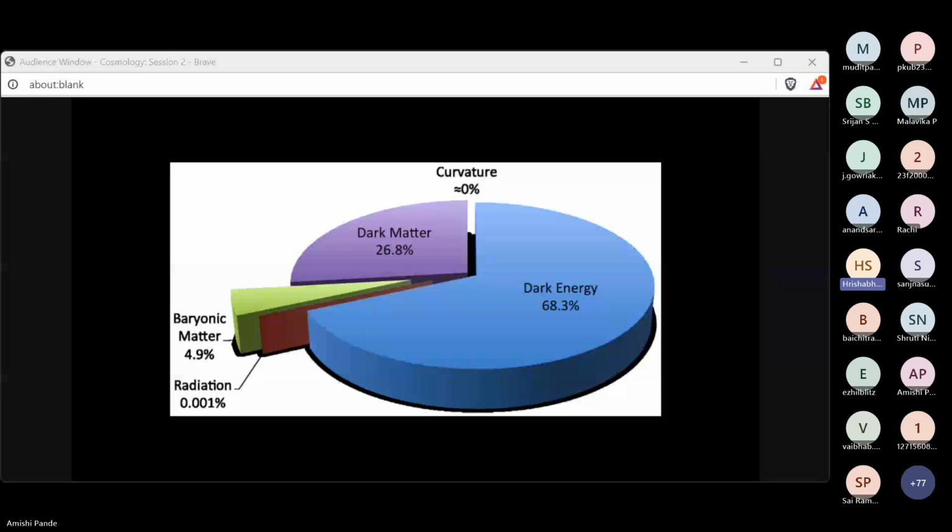But we have no idea what dark energy is. So for now, I will say the universe is formed of matter and radiation, which according to this pie chart is around 30% of the entire universe. But that 30% is the fact to me.